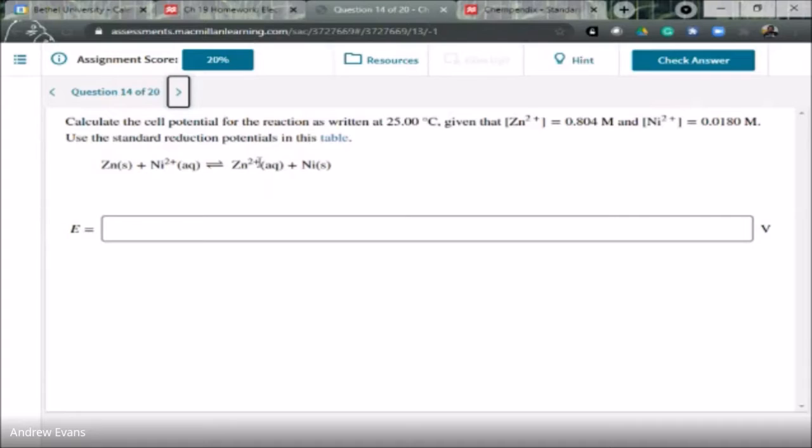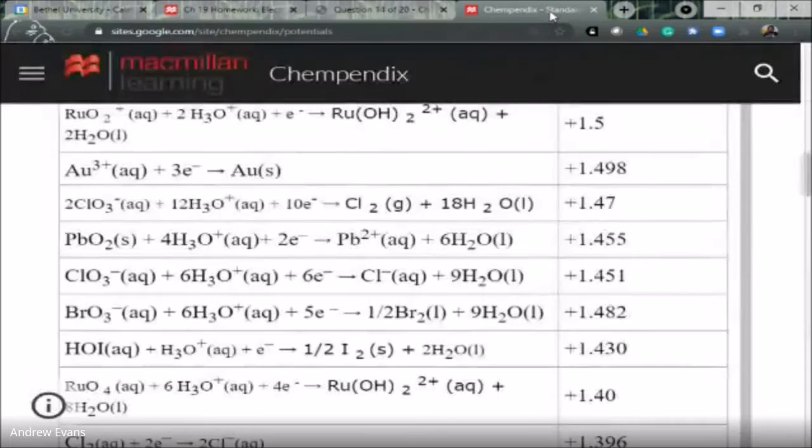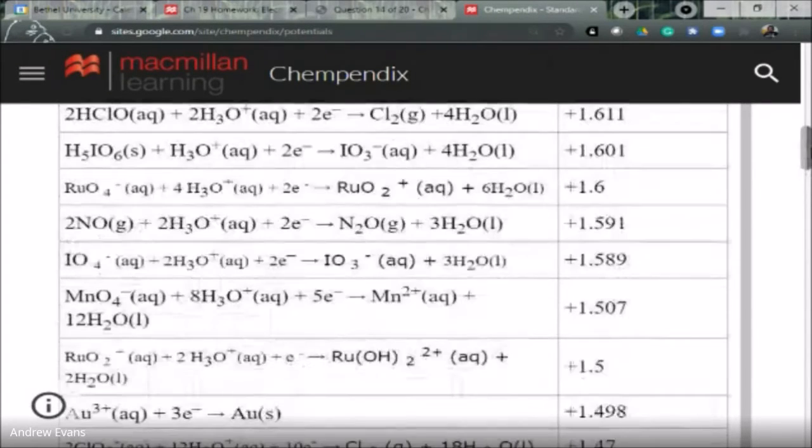They're giving us that it's 25 degrees, so 298. And they give us the zinc concentration is 0.804 and nickel is 0.018. And we've got to find the E cell from the table. Well, we were just at zinc. So where's nickel?